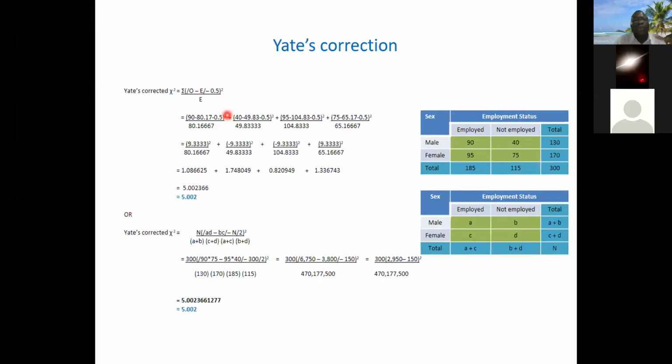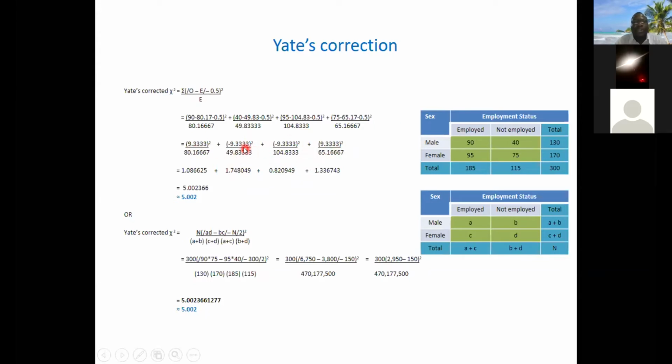So it's the absolute, because, as you've seen before, half of the cells have positive, half have negative. If care is not taken, it will give you a different value. Look at it, we did the same thing for this one. Can you see they still carry the same value here?